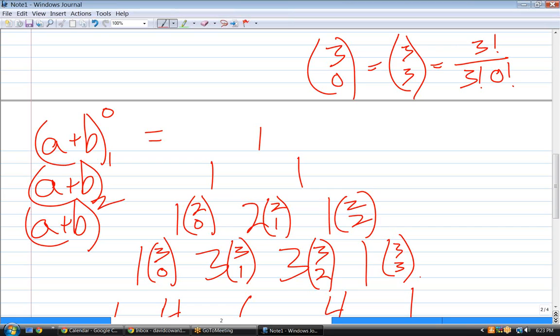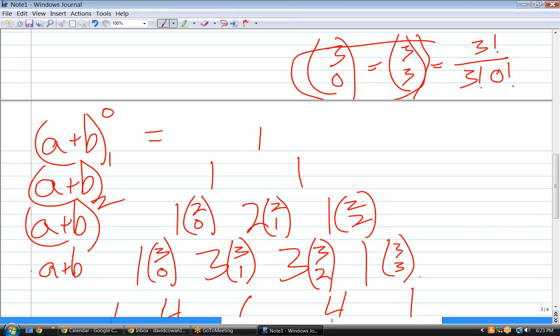And that's also why 3 choose 1 is the same as 3 choose 2. They both are the number 3.